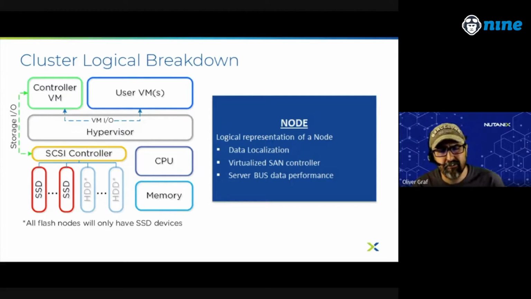Due to the nature of running as a VM in user space, we can urgently handle things like upgrades or CVM failures, as they're outside of the hypervisor itself.